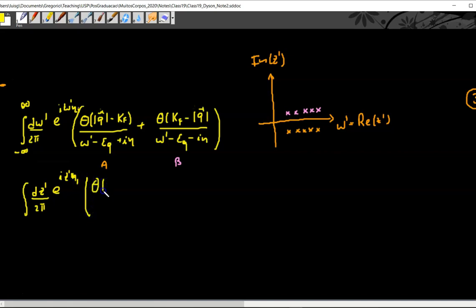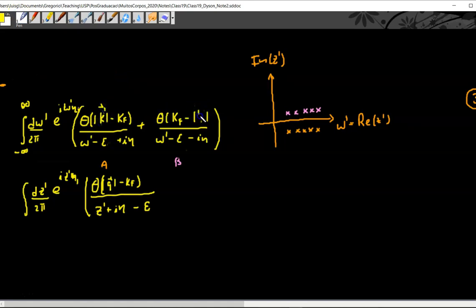Then there's this theta of q minus kf over z prime plus i eta minus epsilon, oh, I put q, it should be k prime, sorry. This should be k prime, which is the other integral we're going to do.